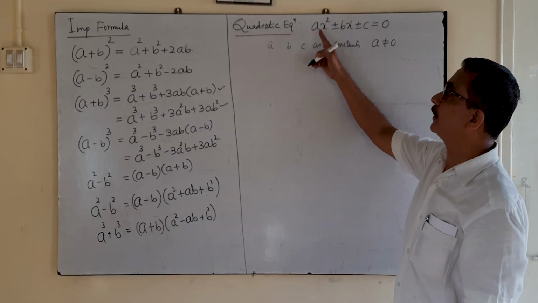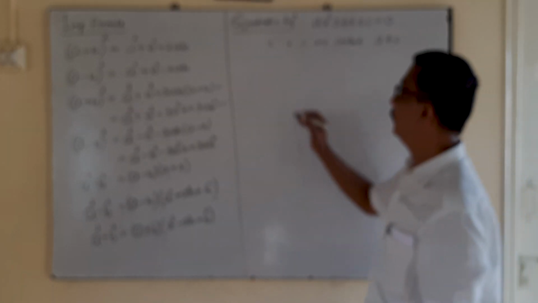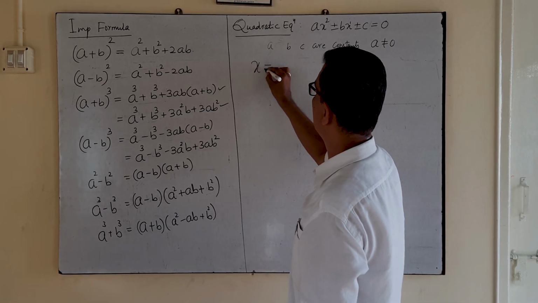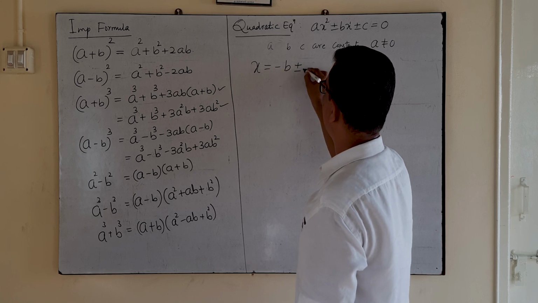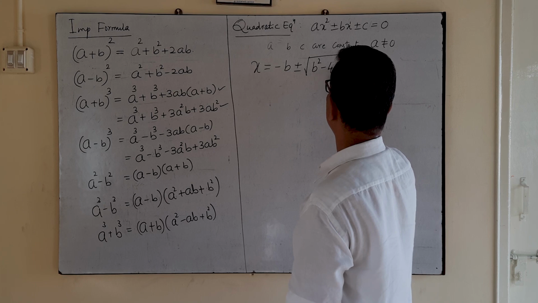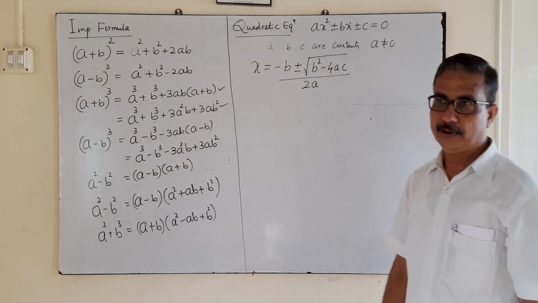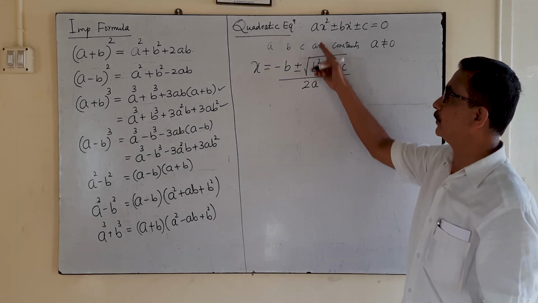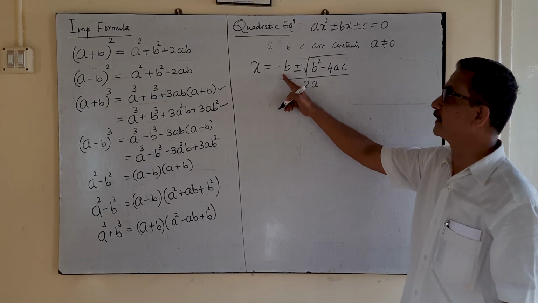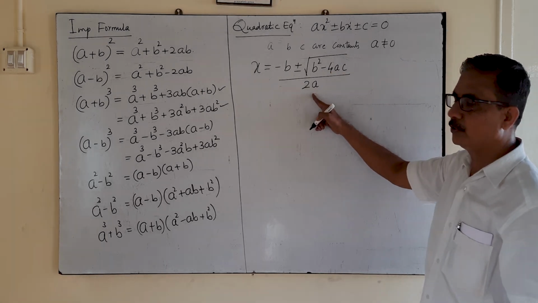Note that a quadratic equation has how many roots? 2 roots. What are those? x is equal to, what is the formula? Minus b plus or minus under root of b square minus 4ac divided by 2a. Now there are 2 roots, namely the first root is minus b plus root of b square minus 4ac by 2a.